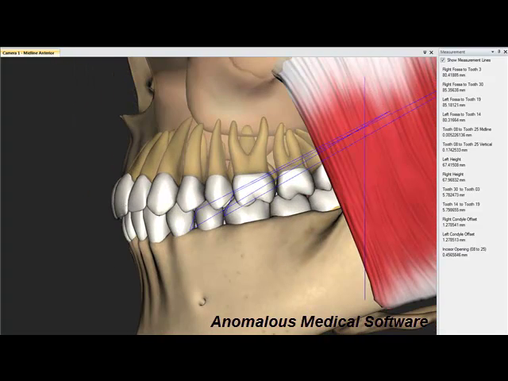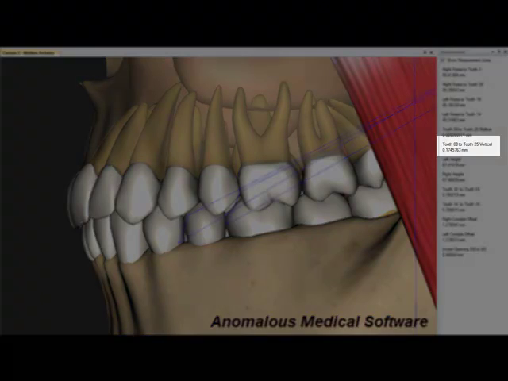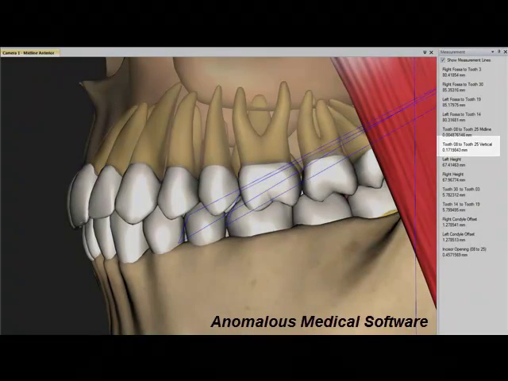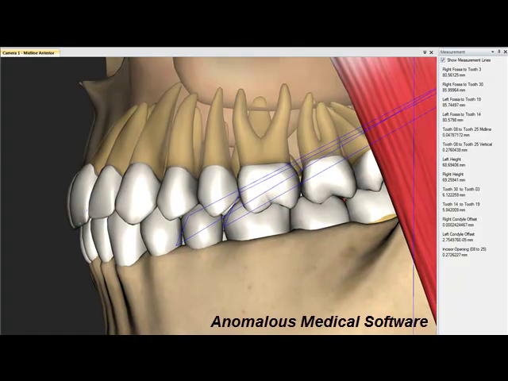And the first thing that we're going to look at here is going to be the vertical distance from tooth number 8 to tooth number 25, and when I go back to the normal state, this is about 0.3 millimeters.